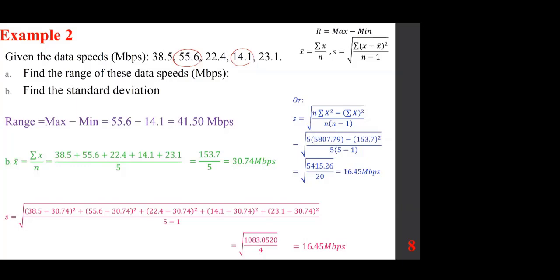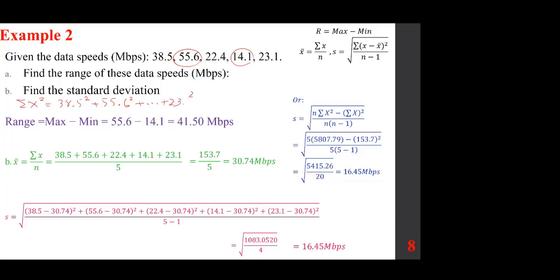We don't want to mix them up. Summation of x squared means 38.5 squared plus 55.6 squared, all the way to the last one. That is the summation of x squared.